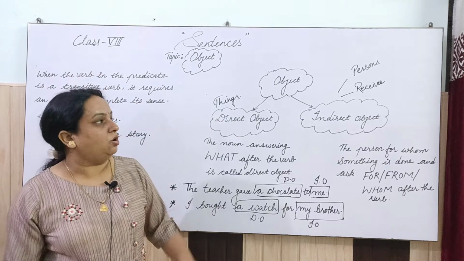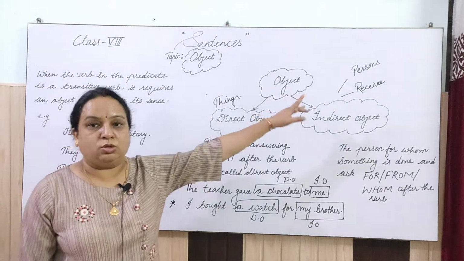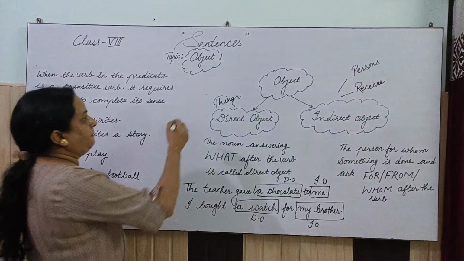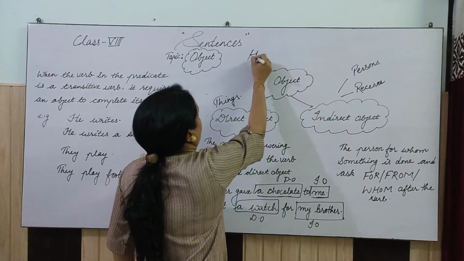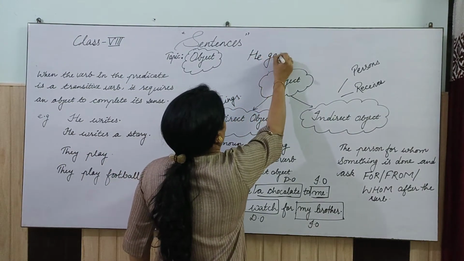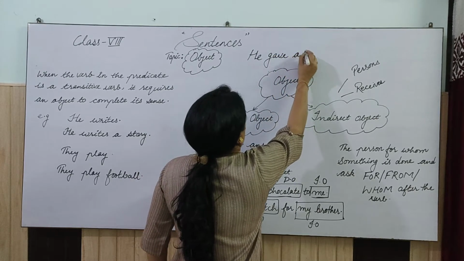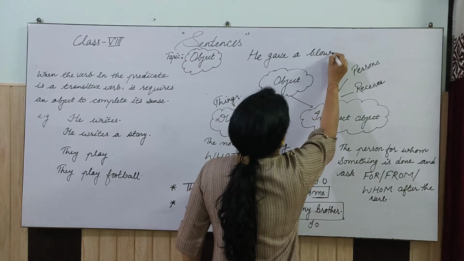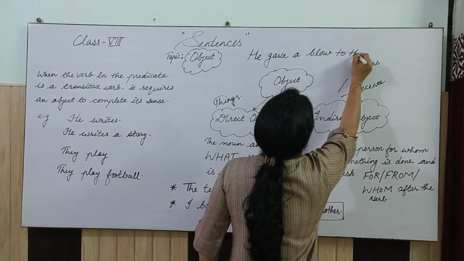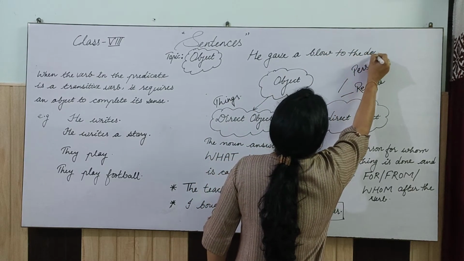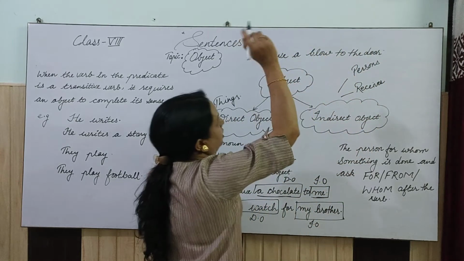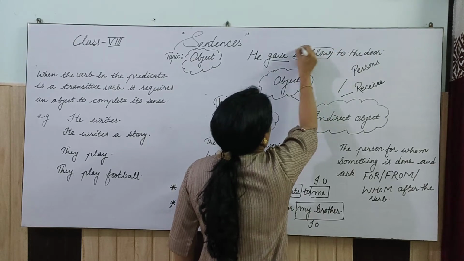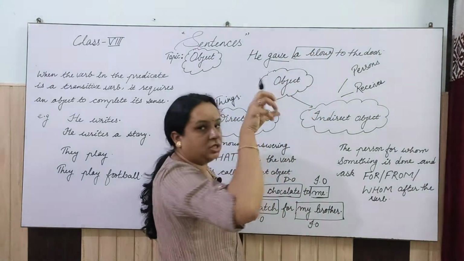Now when we were talking about the exception, why I have told you this receiver? Suppose he gave a blow to the door, right? Now gave is verb, blow is a thing, I mean, what is it?